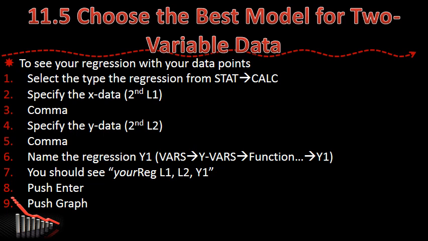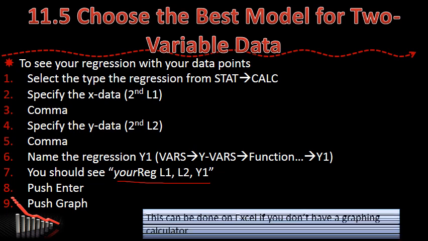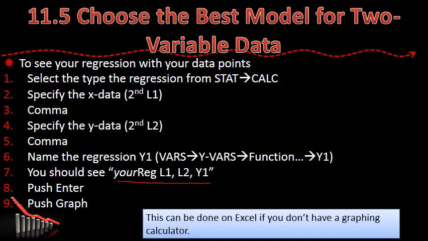If you're an older TI graphing calculator, you should see that on your screen. Push Enter, and it'll give you the regression. If you push Graph, you'll see it on your screen. And again, this can be done on the other apps or Excel if you don't have a graphing calculator.